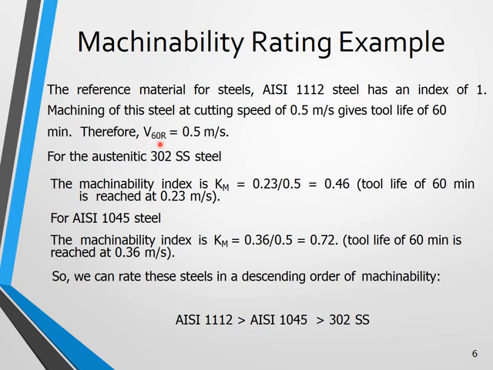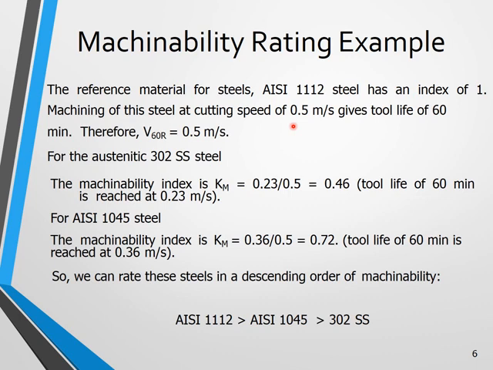This means that if we use a speed of 0.5 meter per second, this material will give us a tool life of 60 minutes. Conversely, if we want a tool life of 60 minutes, we have to keep a speed of 0.5 meter per second. Therefore, V60R is 0.5 meter per second.